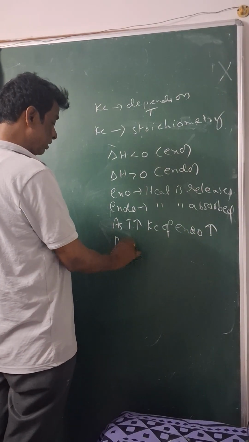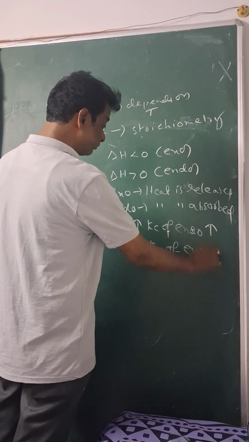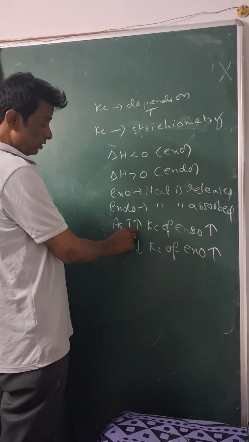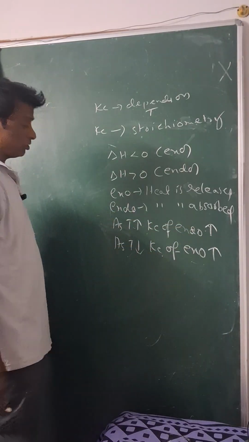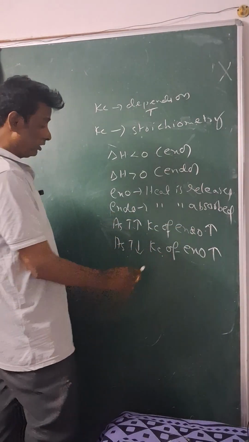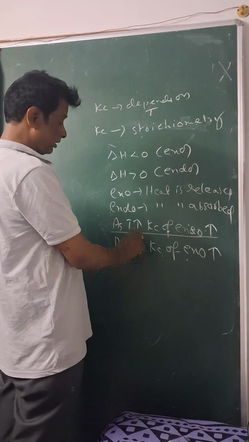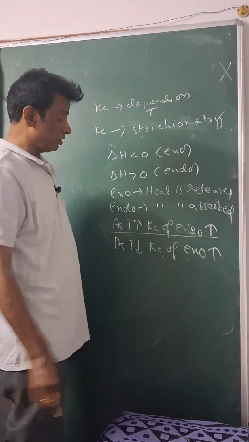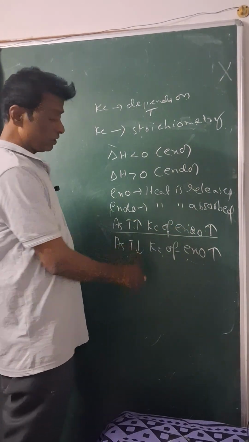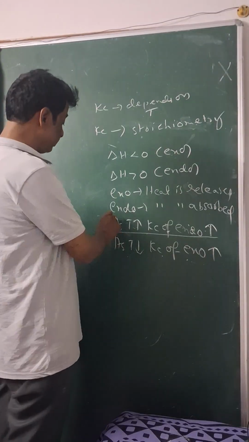As temperature decreases, Kc of exothermic increases. Two reactions, endo, exo. Temperature increases, Kc of endothermic reaction increases. As temperature decreases, Kc of exothermic reaction increases. Okay.